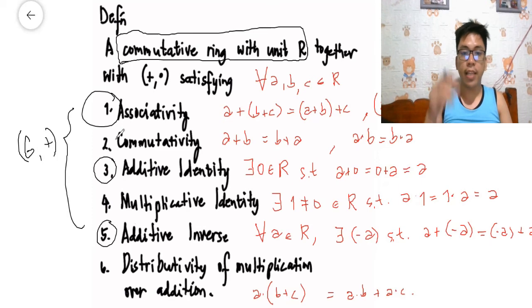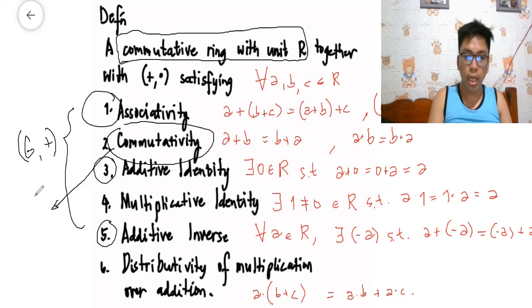So that means a commutative ring with unit R should be a group under addition. And an additional requirement is that it is commutative, meaning to say that it has to be a commutative, or abelian, group.